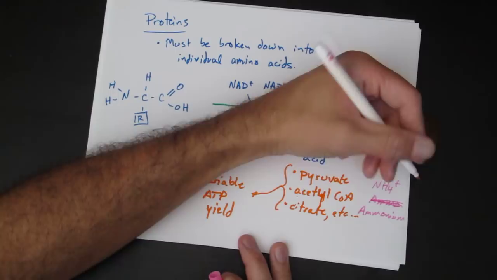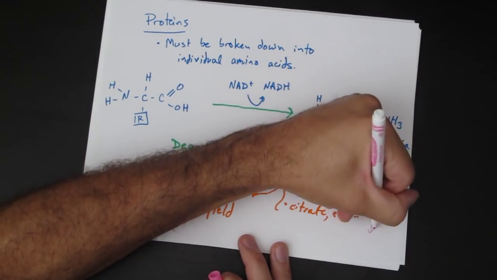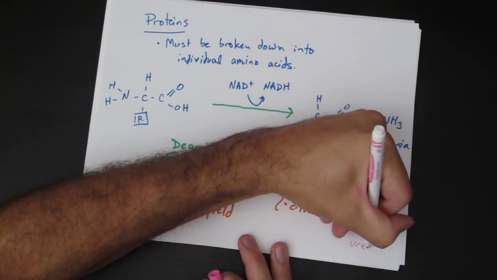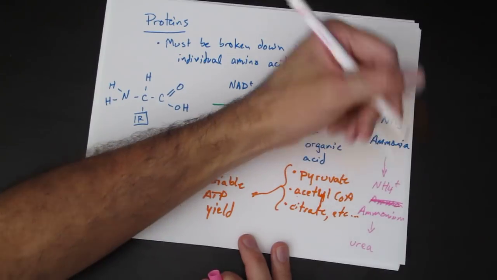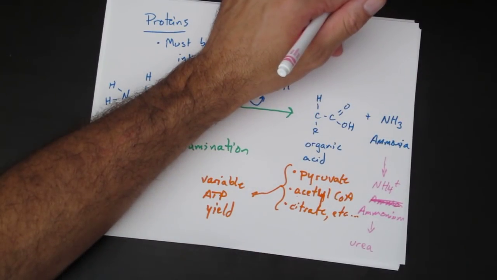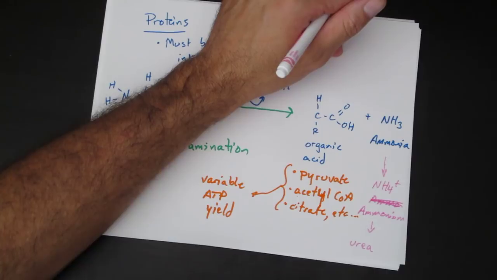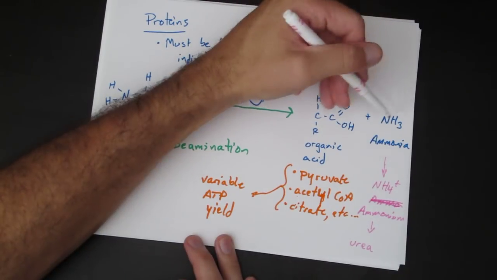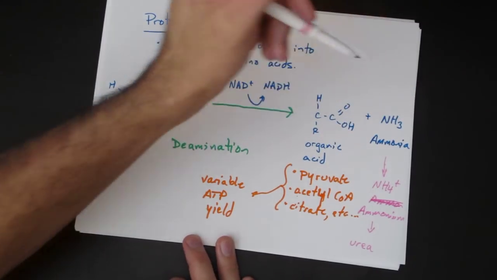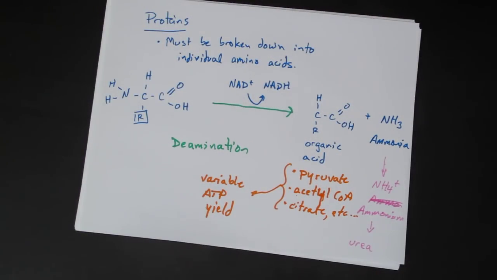Ammonium is a lot less toxic. That ammonium is eventually going to get converted to urea, and the urea is going to be excreted in our urine. We're going to talk a lot more about nitrogen metabolism later on in the semester. But for now, just know that we have to get rid of this toxic byproduct, or else we can run into some real problems.